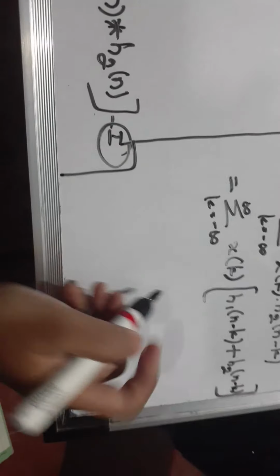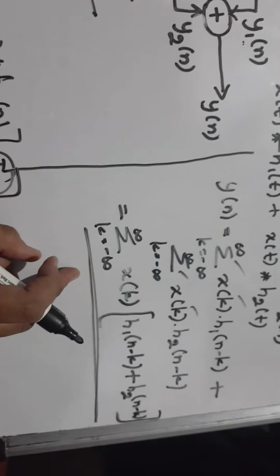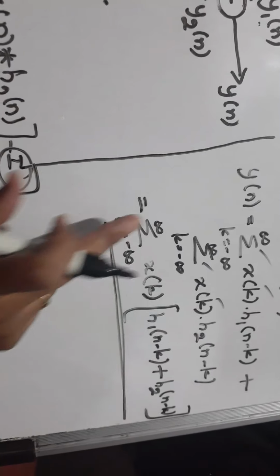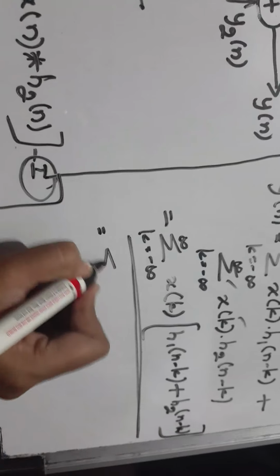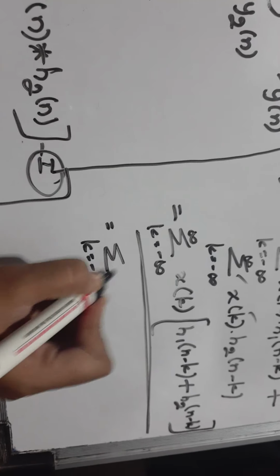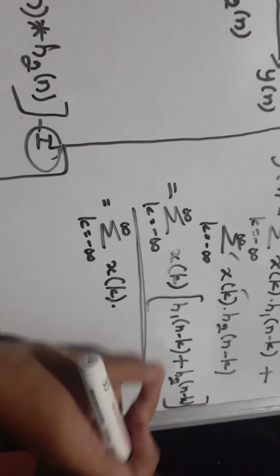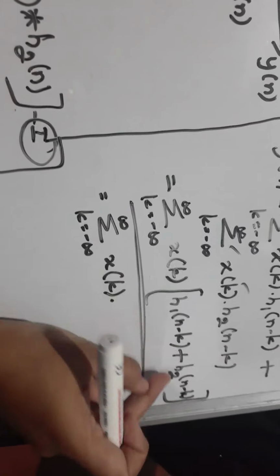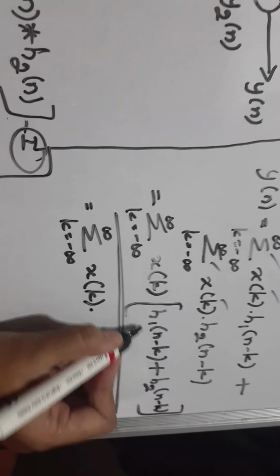Now again if you observe, it is looking like one convolution formula, wherein it is the summation of first signal multiplied with the second signal, which is the sum of two shifted impulses, h1 of n minus k and h2 of n minus k.